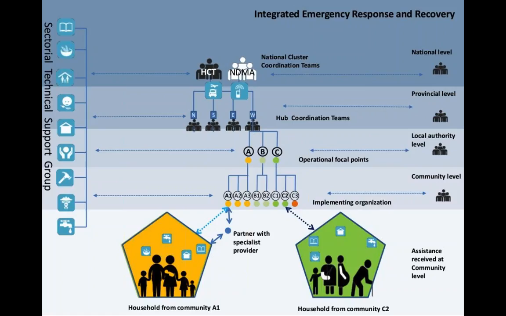So a household or community would then only be having a singular conversation with an agency. This example shows the green household on the right communicating with this green agency, and that agency then communicating upwards into a local authority level as well. Similarly, on the left, the same for community A1.